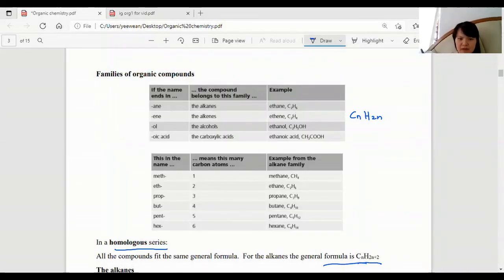Going down a homologous series like this, methane, ethane, propane, butane, pentane, hexane, usually each is different from the one before by 1 unit of CH2. For example, methane, CH4, ethane, let me draw that in a structural formula like this.